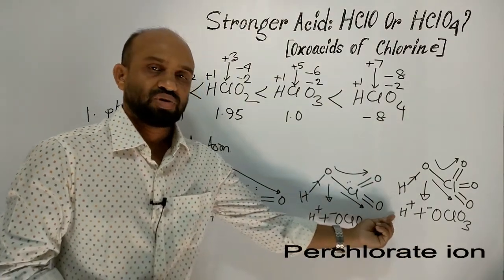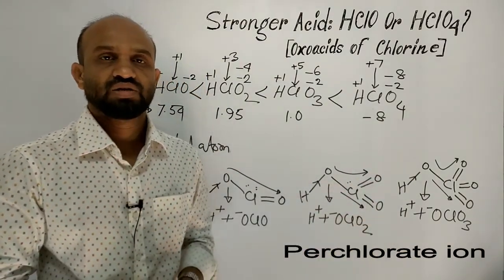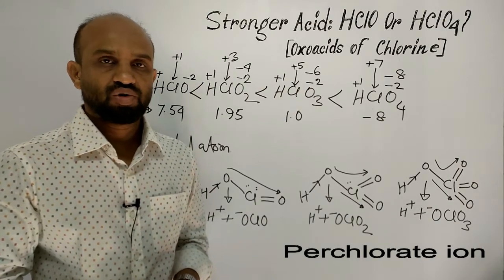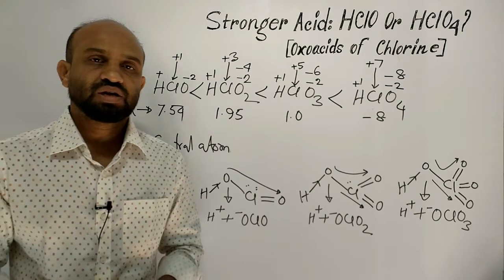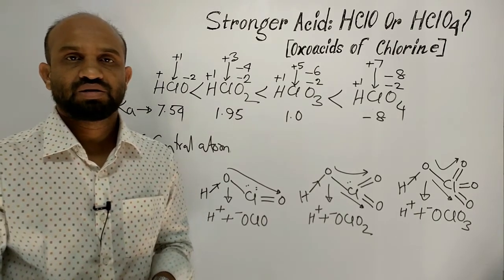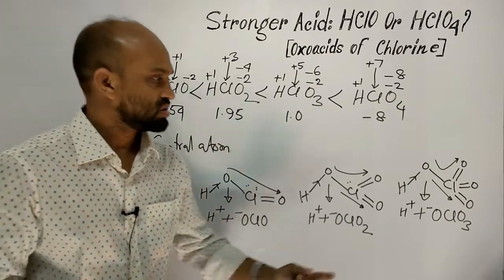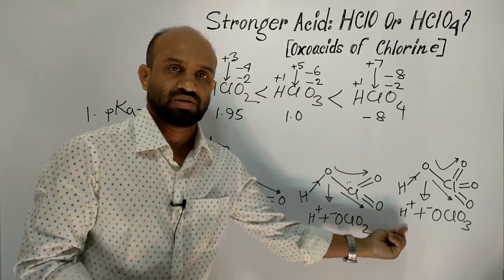From this compound hydrogen is freed as proton more easily than from all the 3 compounds. This is the reason behind perchloric acid being the stronger acid.